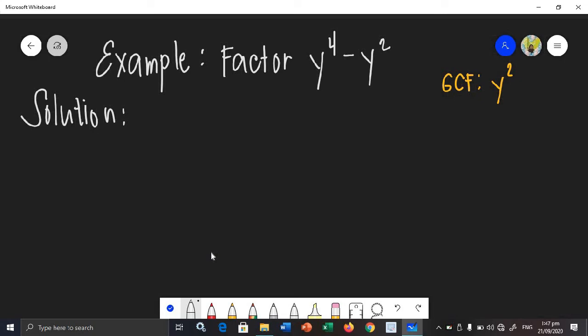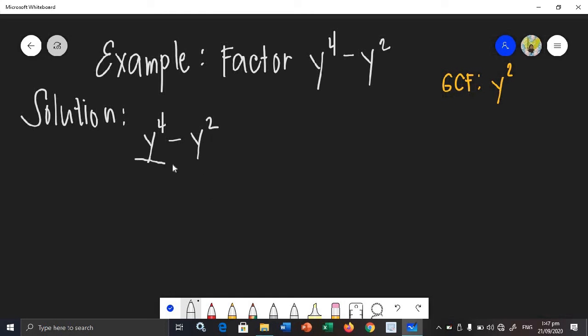So, now that we solve for the GCF, which is y to the second power, we need to divide the binomials by the GCF. So, ma'am, paano po yan? So, like this. So, I'm going to rewrite the given y to the fourth minus y to the second power. We will be dividing both the terms by the GCF.